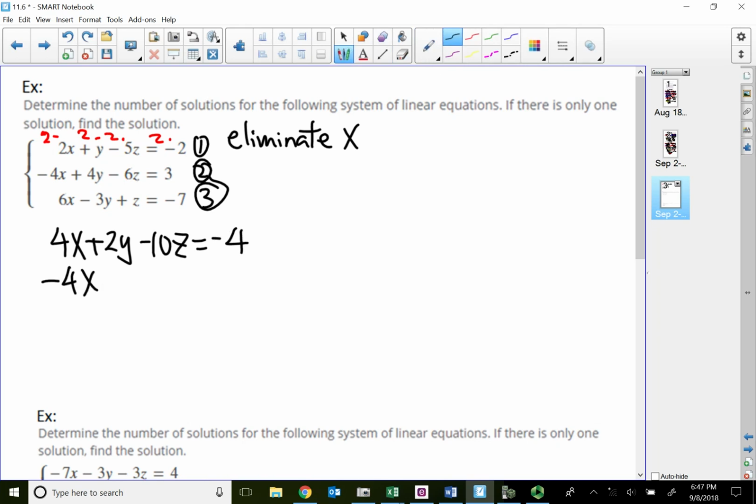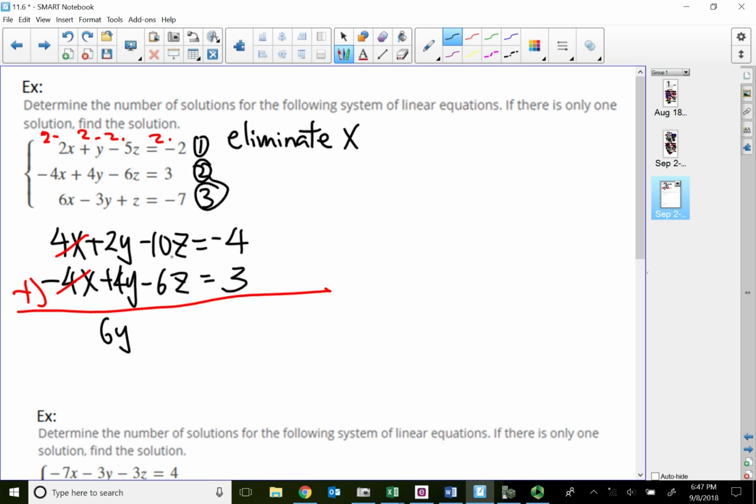Negative 4x plus 4y minus 6z equal to 3. If I add them, all right, x has different sign, I got to add to eliminate. So that will give me 6y. Negative 10 plus negative 6 is negative 16z equal to negative 4 plus 3, negative 1. All right, that's my new equation number 1.